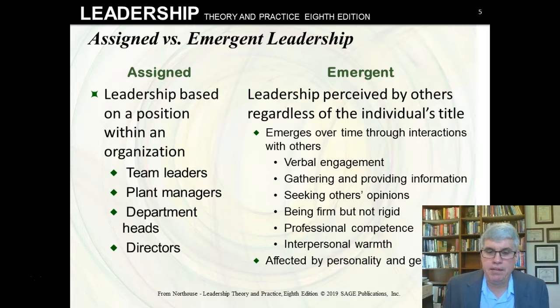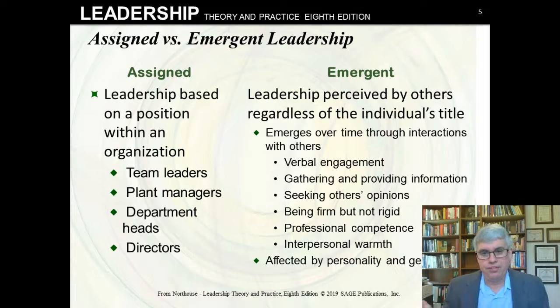And some of the behaviors that we can observe in emergent leaders are verbal engagement with people. They communicate, they connect with people. They gather and provide information to other people. They gather information, they know where to look to find the information that's needed to solve and work on problems, and then they also share and provide the information with other people as necessary, and this makes them extremely valuable to other people.